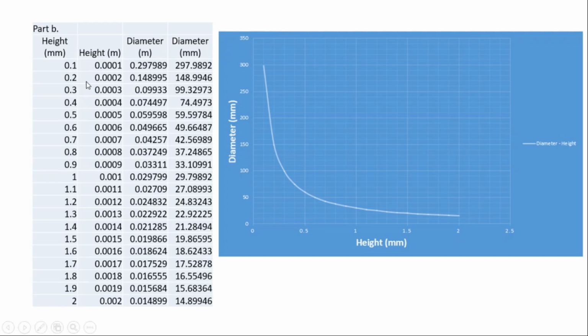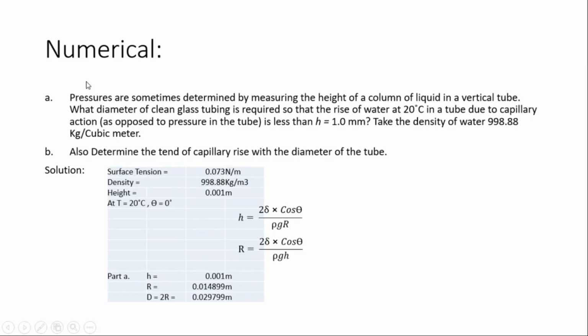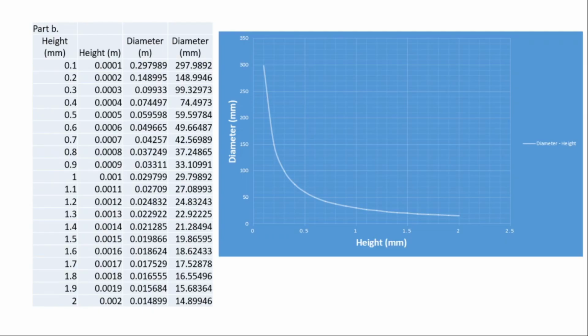Okay, then definitely in this formula we are putting the values in the SI system. So I reduce the height unit from mm to meters, and respectively I am getting the values in meters for diameter here from 0.1 mm to 2 mm. Then I reduce it to mm.